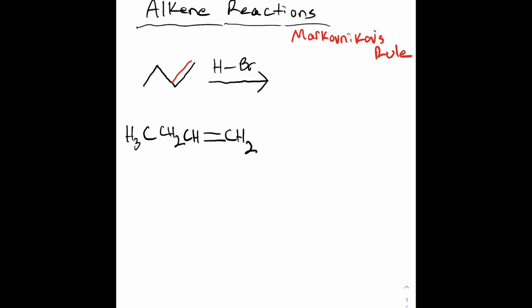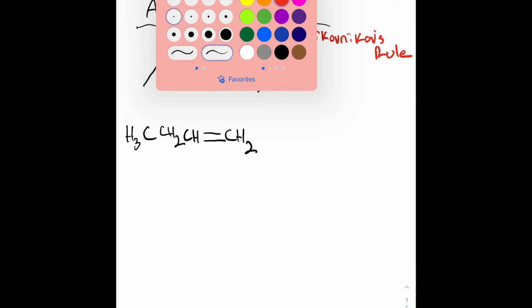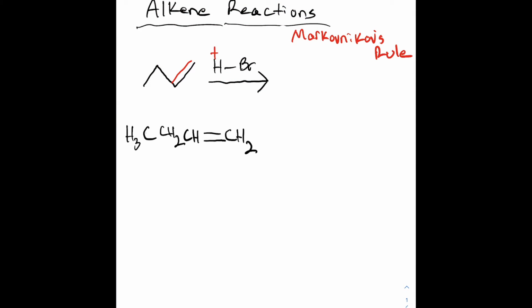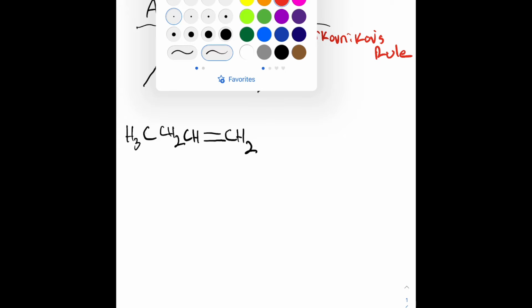Electrons always flow in the direction of a positive charge. So anytime you look at a problem or reaction, think about where the electrons are going to flow. In this situation, we have this positively charged hydrogen.